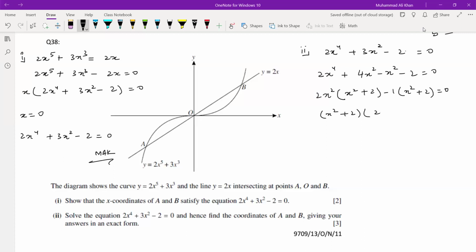So it will be (2x squared minus 1) equals 0. So can I say that x squared plus 2 equals 0 and 2x squared minus 1 equals 0?